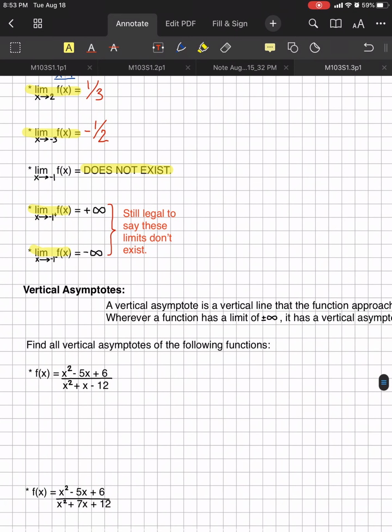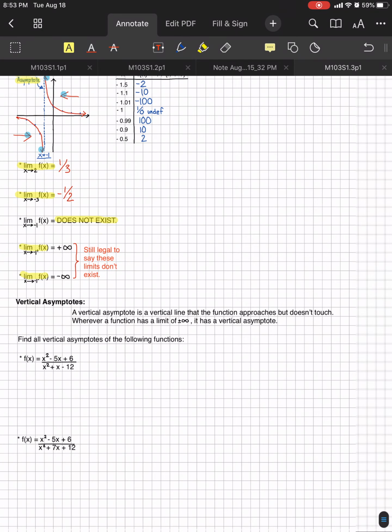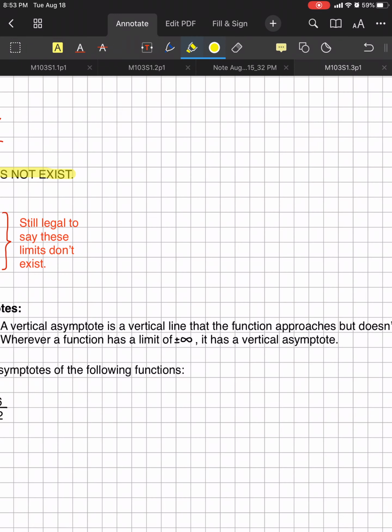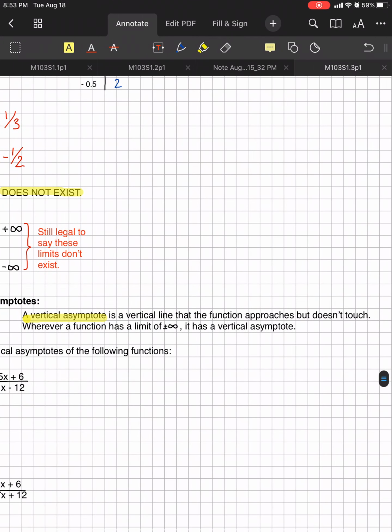Now, a vertical asymptote, we can actually describe this in terms of limits. A vertical asymptote is a vertical line that the function approaches but doesn't touch, and wherever a function has a limit of plus or minus infinity, it has a vertical asymptote.